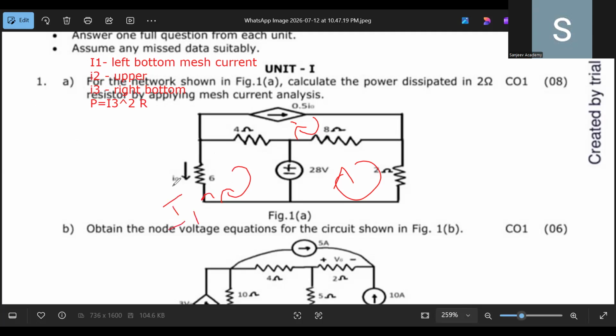And if this is my I2 being passed from here, then what is this small thing? This will be I1 minus I2. Up to this, is it clear? Please let me know in the chat option.